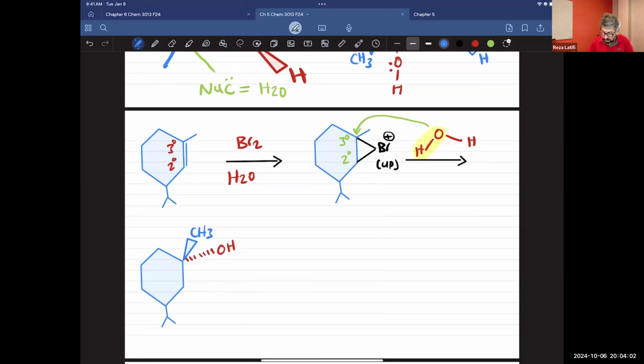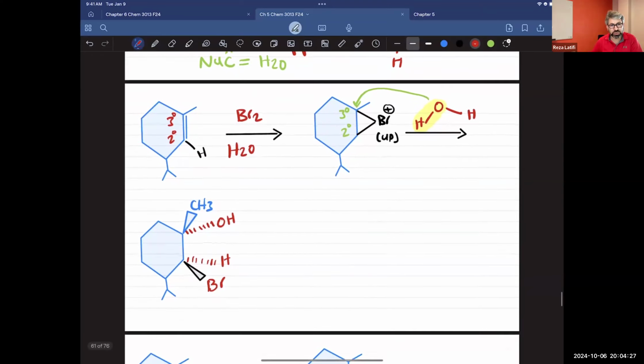Okay, and now what will happen with the bromide? Bromide will go up, and the hydrogen that we have there will go back. So now I got bromide here. Okay, now let's assign the configuration for them.